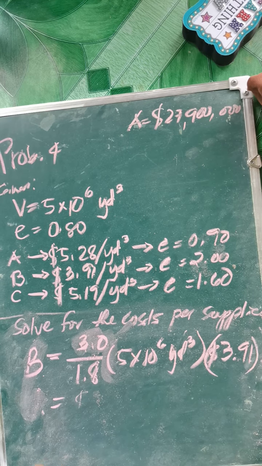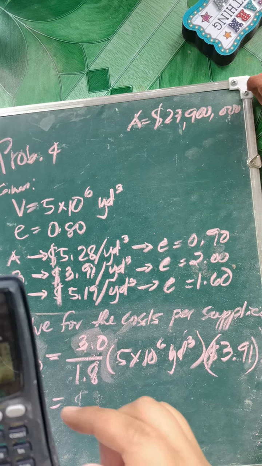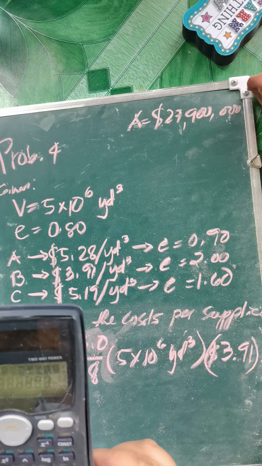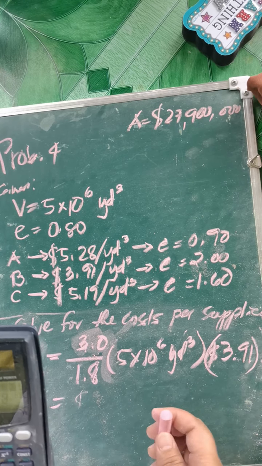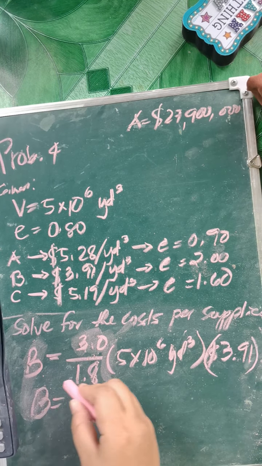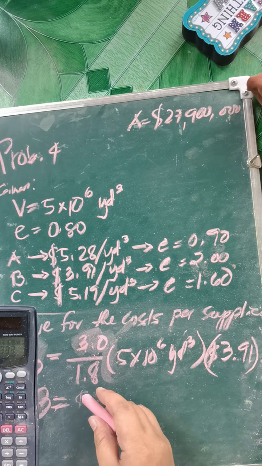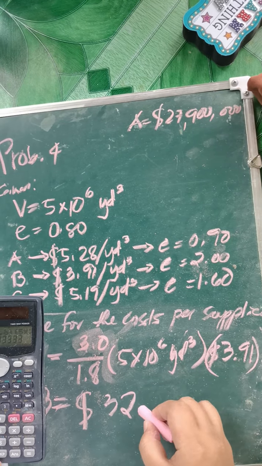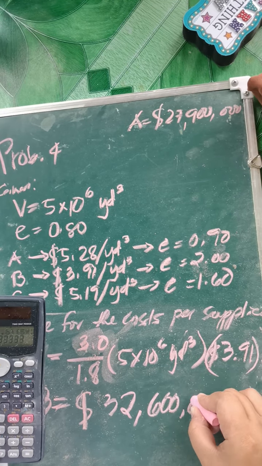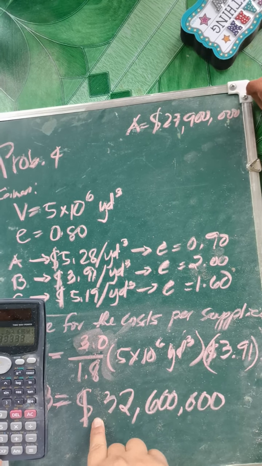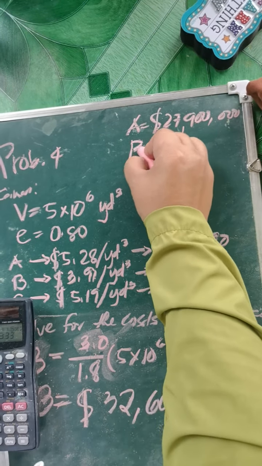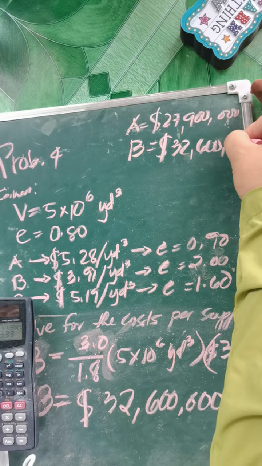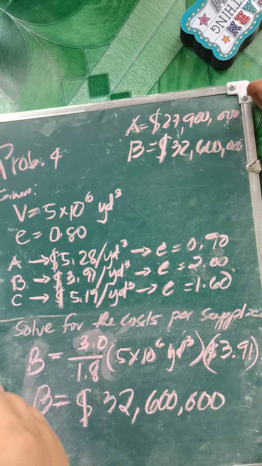So calculating this, we have 32,583,333.33. Rounded up to the whole number, supplier B will have a value of $32,600,000. Okay, so let's move to C.